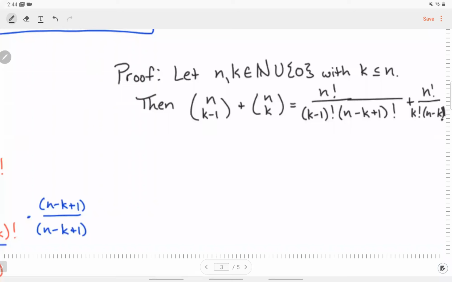Okay, then that equals, and then I'd jump a few steps. You could jump to this, maybe n plus 1 times n factorial times n minus k plus 1 over that common denominator we found.